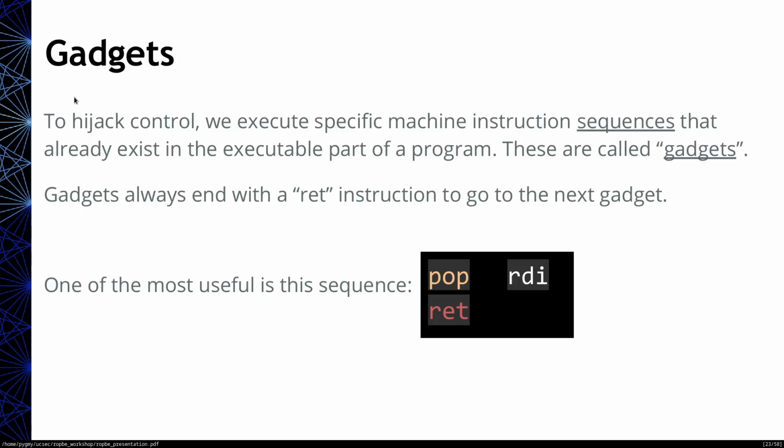A really useful sequence is pop RDI ret. If you remember, pop takes something from the top of the stack into the destination, and ret just lets us jump somewhere. Are there any questions on this?